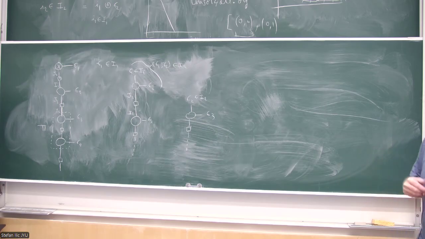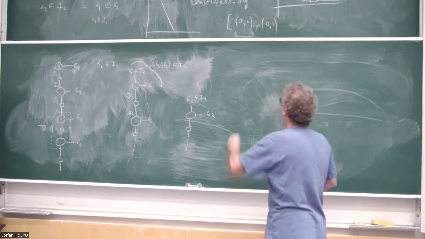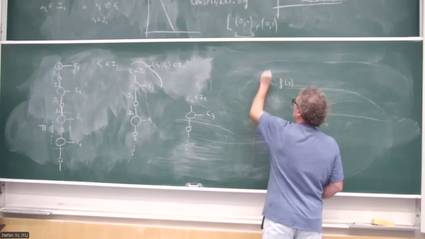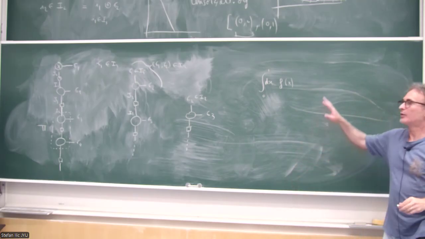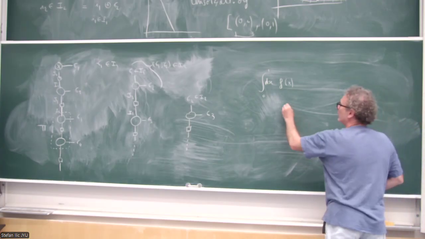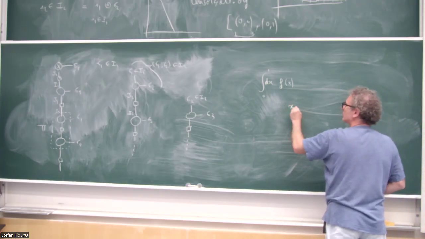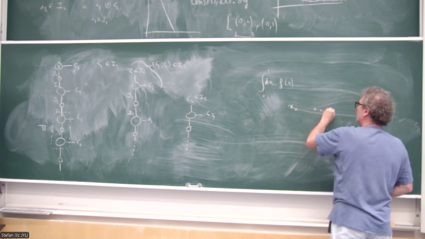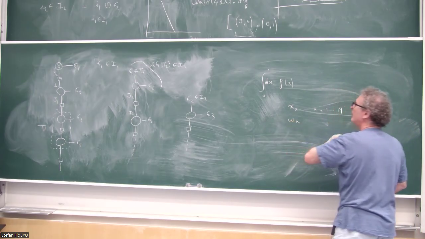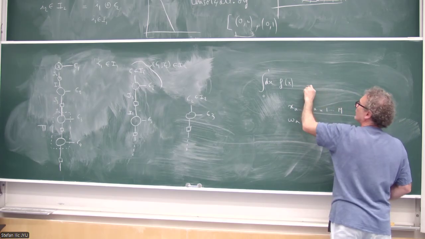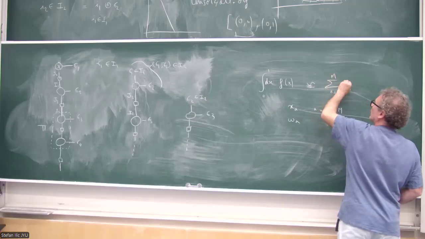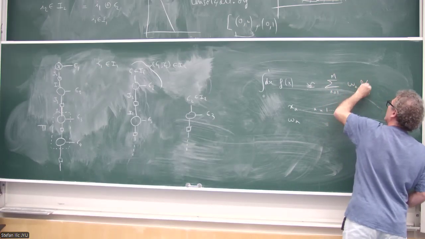So, okay, maybe a few words. If you would want to do an integral in 1D, between 0 and 1, there are very nice methods called quadratures. And typically, you will define a set of points, x_a, with a equal, let's say, 1 to N, and then a set of weights, w_a, and you will say that this integral is approximately equal to the sum over a equal 1 to N of w_a f of x_a.